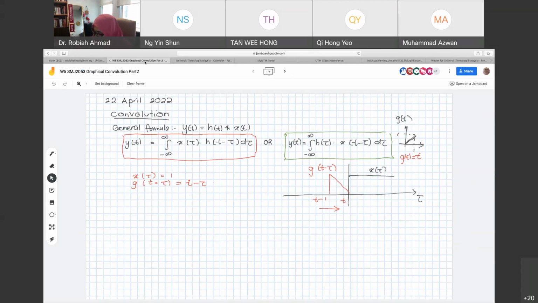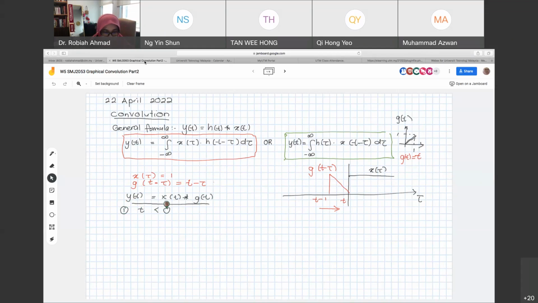Okay, so let us see. For y(t), which is x(t) convolved with g(t), there will be a few conditions. The first one we learned is when t is less than 0.